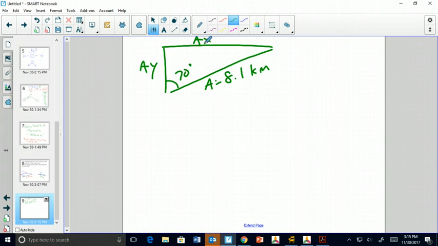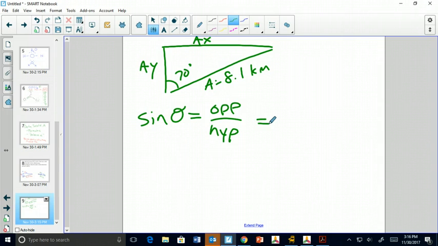If I want to solve for A, let's start by solving for AX. Well, we know that AX is the opposite of this 70-degree angle. And so sine is opposite over hypotenuse, right? So basically we're saying that sine is equal to AX over A, the hypotenuse on the bottom, AX being that x component.